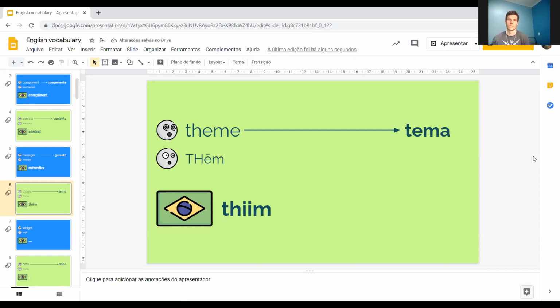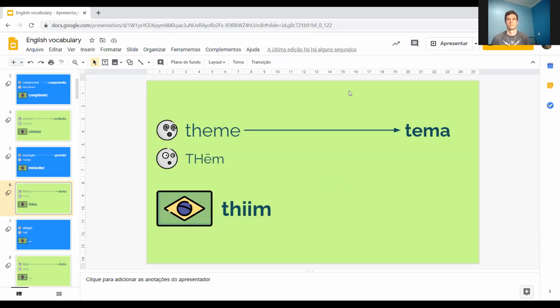But it finishes with an M sound. If E is the last letter of a word, it's going to be silent, 99.999% of the time. Okay, got it. Theme.